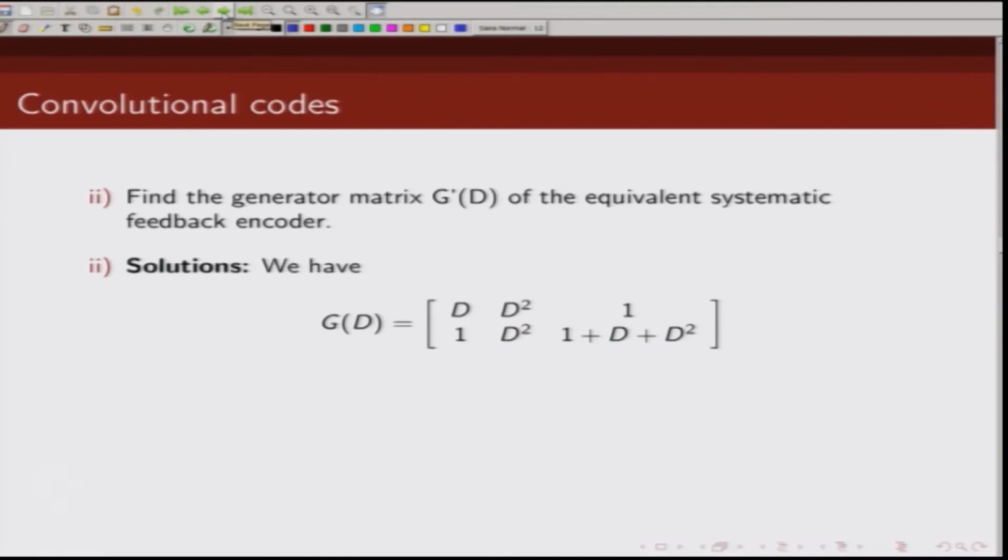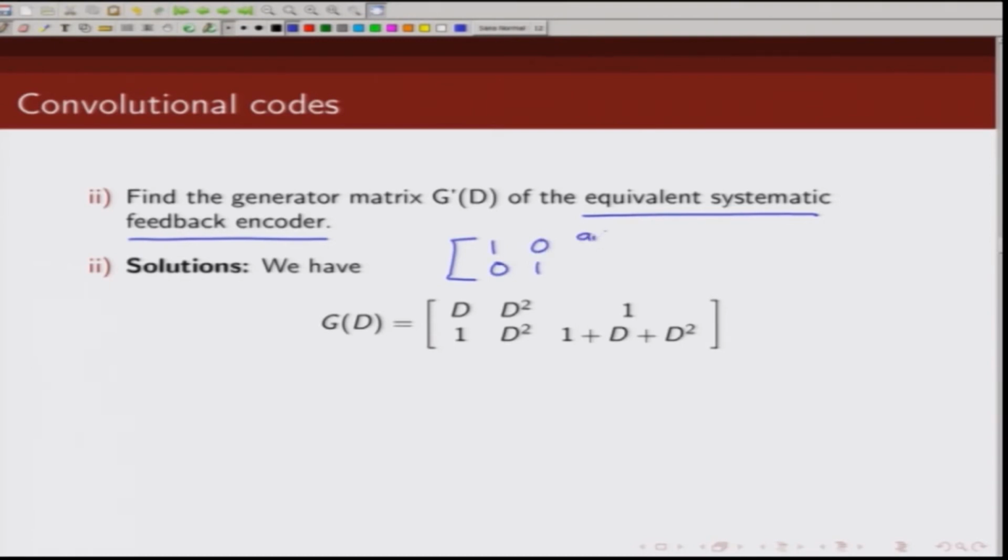Now, this was a non-systematic encoder. Can we find an equivalent systematic encoder or systematic encoding matrix for this generator matrix? The answer is yes. So, how do we find a systematic encoding matrix? This has to be put in the form like this, 1 0 0 1 and some matrix here.